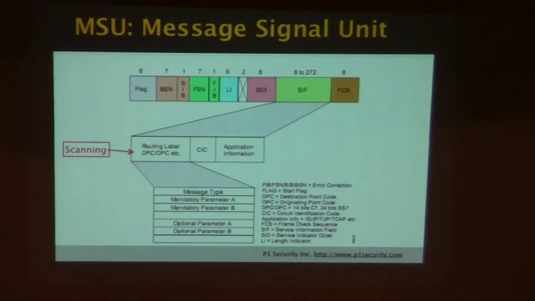This is what's going to enable us to do some scanning. It varies from 14-bit to 24-bit, so we're talking about networks where the whole address space is 16,000, so you can very quickly scan all the network that is connected.